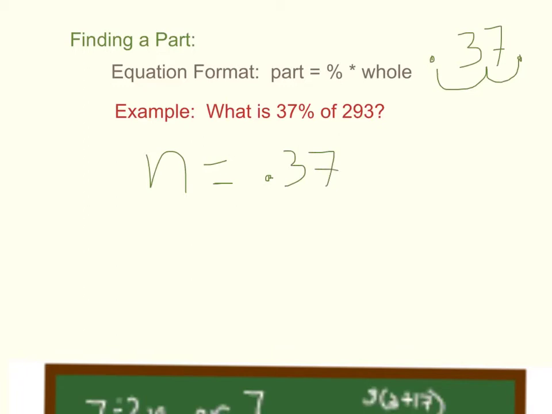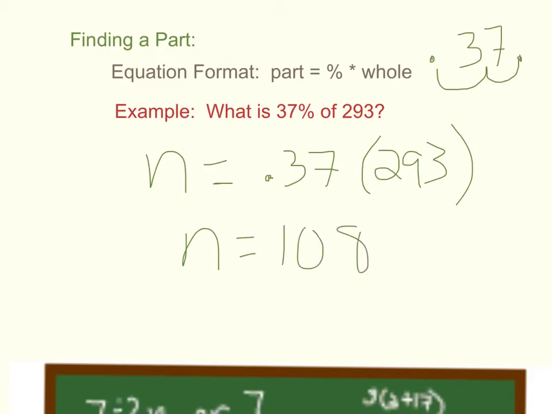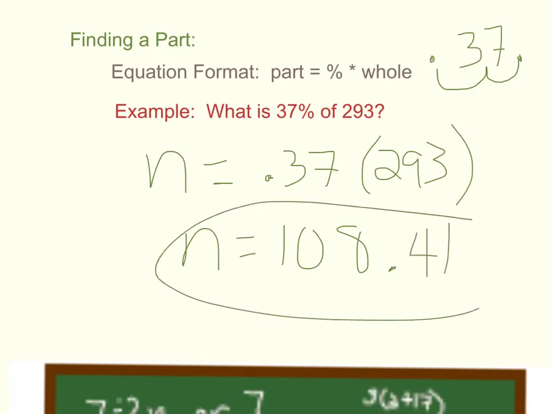And I'm going to multiply that by my whole, 293. When I multiply 37 hundredths by 293, I get 108 and 41 hundredths. Therefore, 37% of 293 is 108 and 41 hundredths. Please take a moment to pause this video and record this example in your notes.